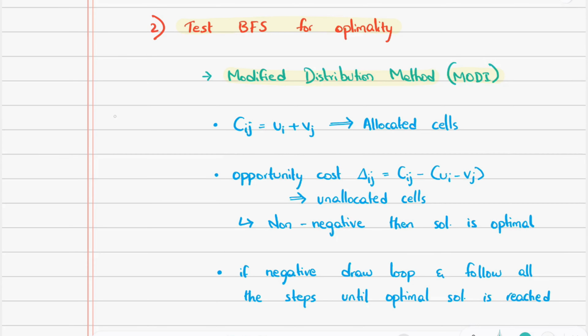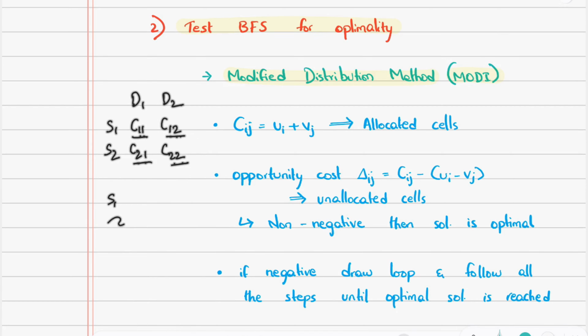Let's understand it with an example, right? If this is S1 and S2 sources, D1 and D2 destinations, this is C11, this is C12, this is C21 and this is C22. So first row, first column, first row, second column, second row, first column, second row, second column. And these are nothing but the costs.